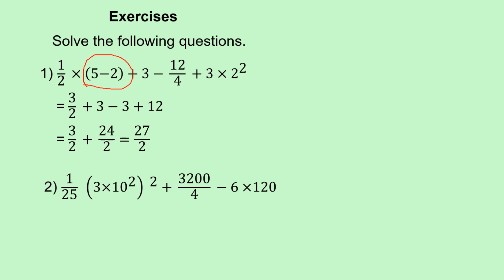Then BOD, D will be divide, so you have to settle this part. So 12 divided by 4 is equal to 3. Then you have this one, multiplication. So 2 to the power of 2 is 4. So 4 times 3 is 12.